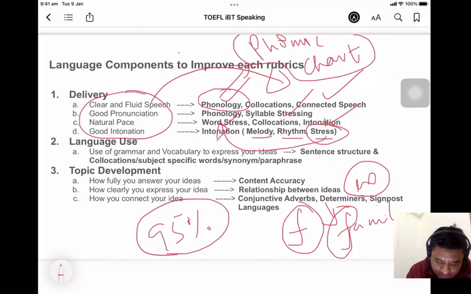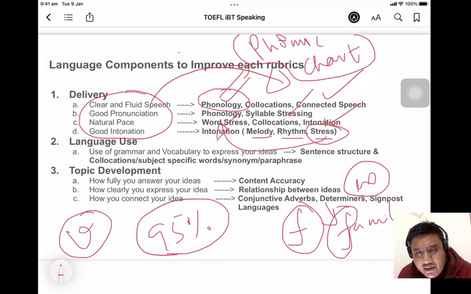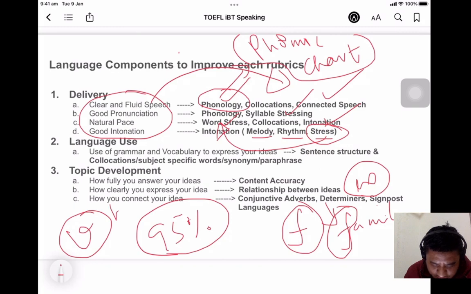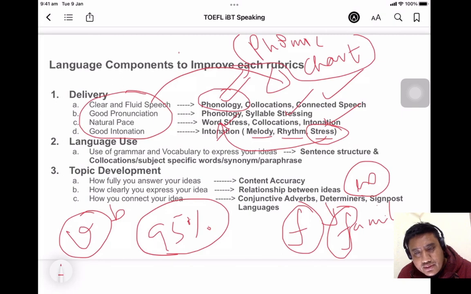The other sound which is not there in Zonka is the sound for the letter V, which is v, right? Since we don't have this sound in Zonka, we Bhutanese replace it with b. So that's why some of us say berry berry good, right?